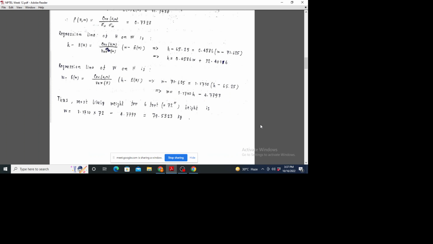As an illustration of how to use the regression lines, one of the options is to find the most likely weight for a 6 feet height. So what will be the most likely weight for a 6 feet height? Which regression line should we use to find this?